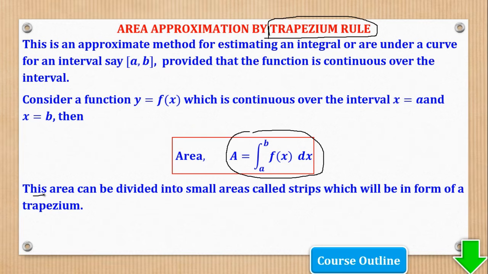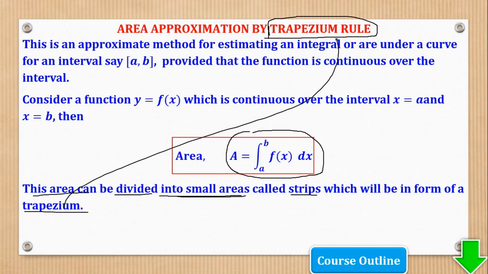This area is got by dividing that range, that interval, into small areas, or dividing the entire area into small areas called strips, and these strips will be in the form of trapezium. That is why we call it trapezium rule. So let's see how this is done.